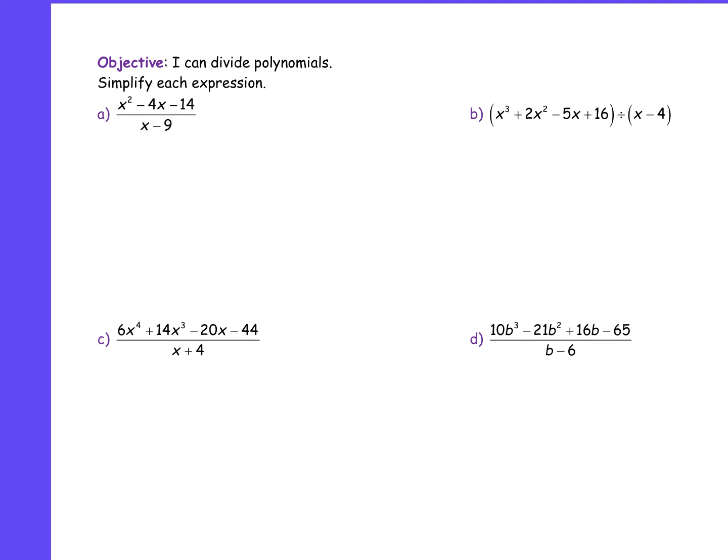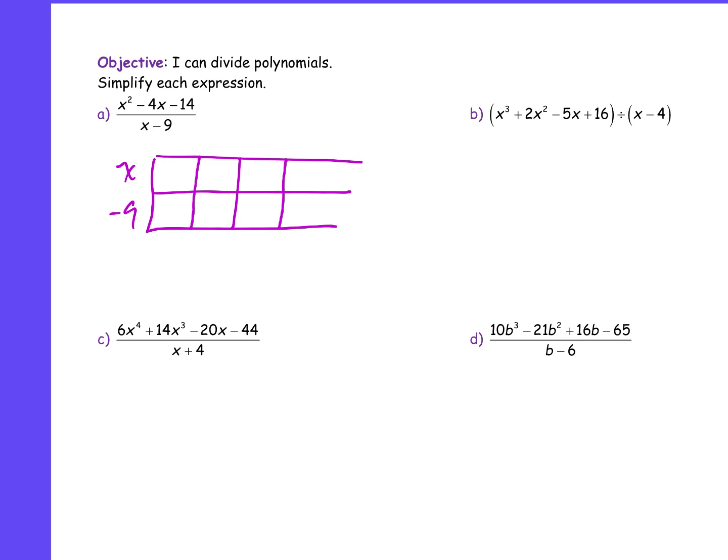All right. I prefer the box method, so I'm going to do it that way. You don't have to do it that way, but you should get the same answer. So I've got x minus 9 and x squared, so I should multiply by x and get negative 9x.